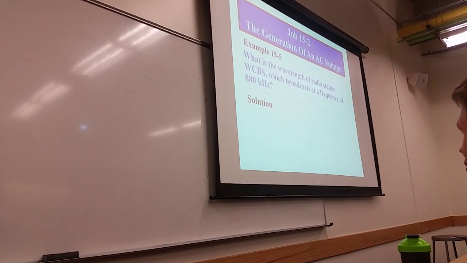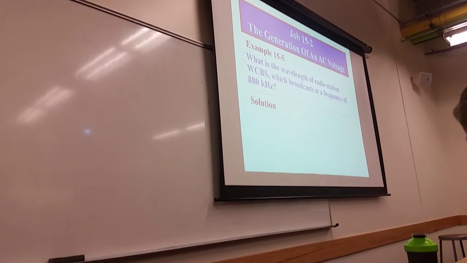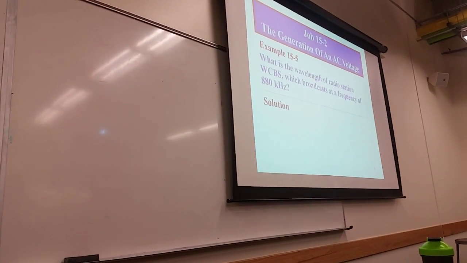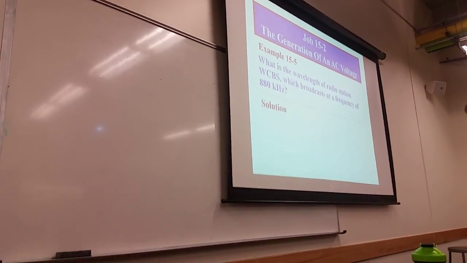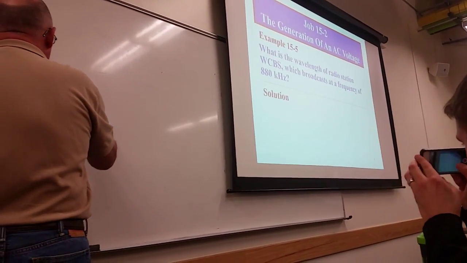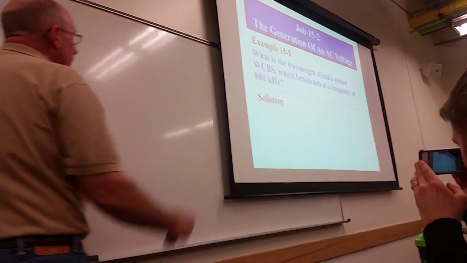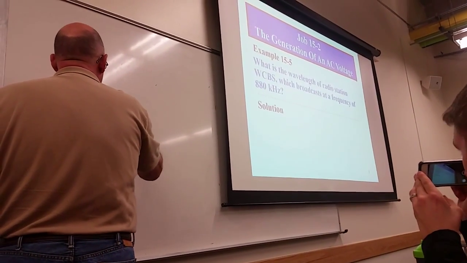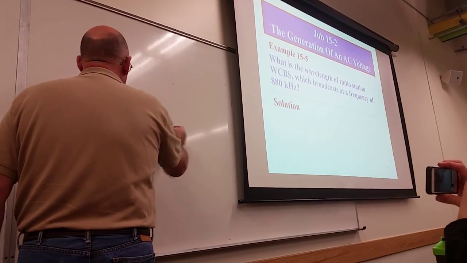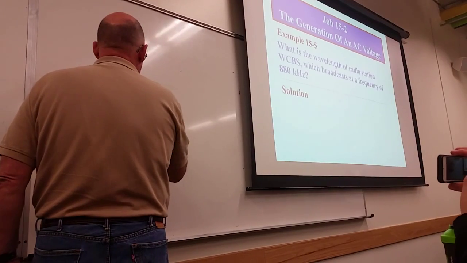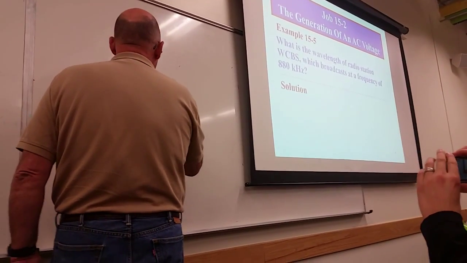WCBS is broadcast at a frequency of 880 kilohertz. So what's the formula? Now it's kilohertz, so we can use what? 880 kilohertz, right?